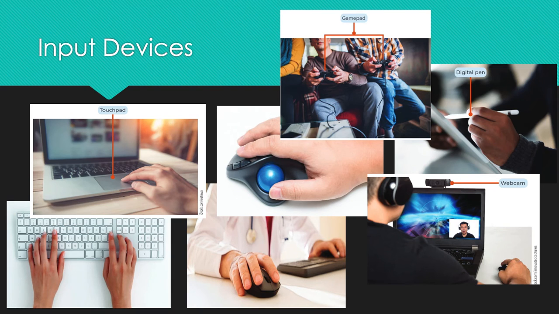Input devices, very common: keyboard, mouse, trackball, touchpad, camera, digital pen, and most importantly, gamepad. Any COD players here, or Candy Crush? So that is another input device which we all know.